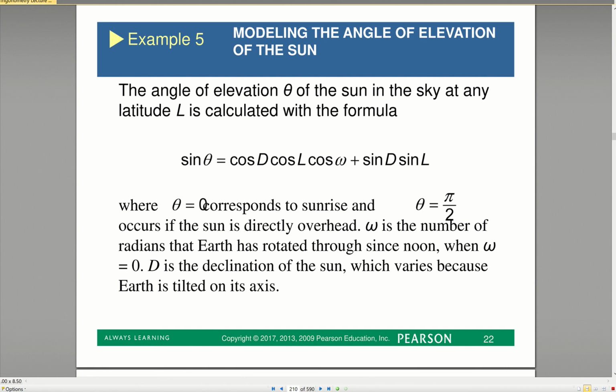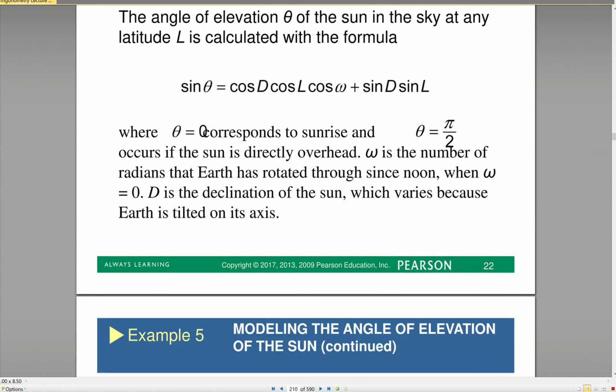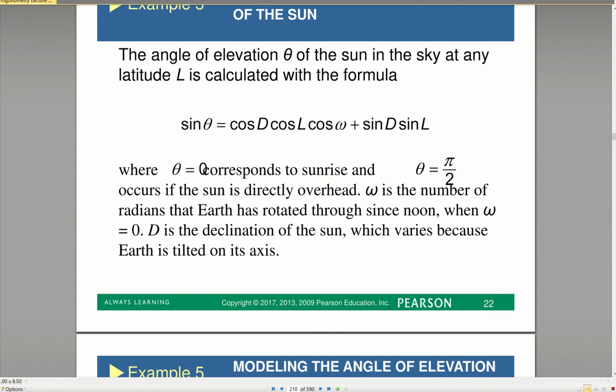Take a look at that video for a nice reminder of what the latitudinal angle looks like. And it's calculated using this formula: sine theta equals cosine d cosine L cosine omega, lowercase Greek omega, plus sine d sine L. Now here theta equals 0 corresponds to sunrise, and theta equals pi over 2 corresponds to the sun being directly overhead.